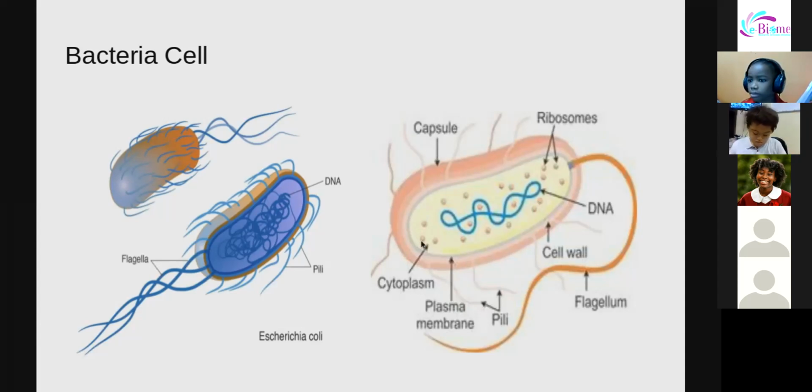So first we have the capsule, then the plasma membrane, and the plasma membrane is surrounding the cytoplasm. And we also have a cell wall right here. The cell wall is around the plasma membrane. Can we see the cell wall? Yes, sir.